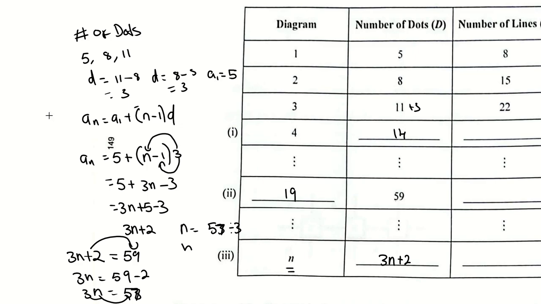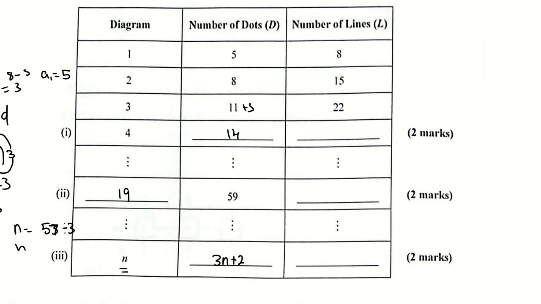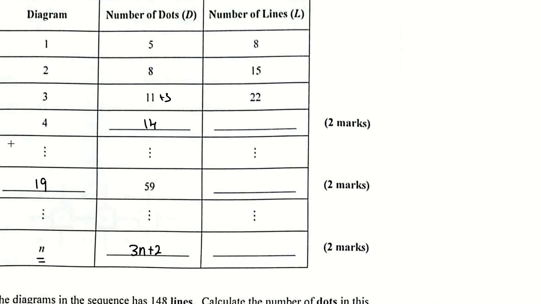Let's look at number of lines. I'm going to do the working for that at the side here. Look at those values. We have 8, 15, and 22. So number of lines, if the sequence is 8, then 15, then 22, is it an increasing sequence or pattern?